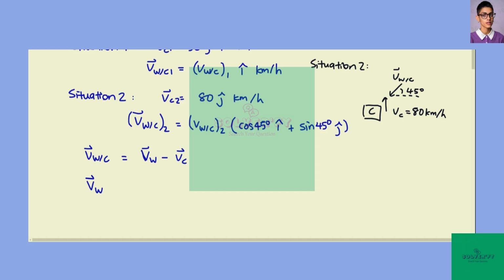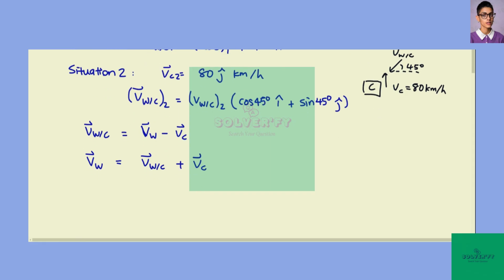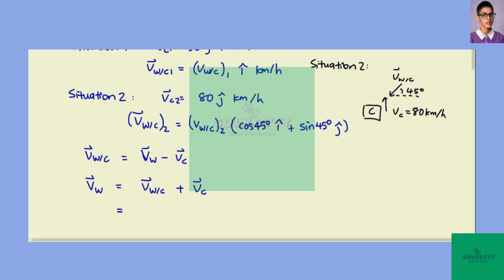So we are going to have VW/C plus VC, and so we are going to get two equations based on the two situations. So we have VW/C1 i hat plus 50 j hat.